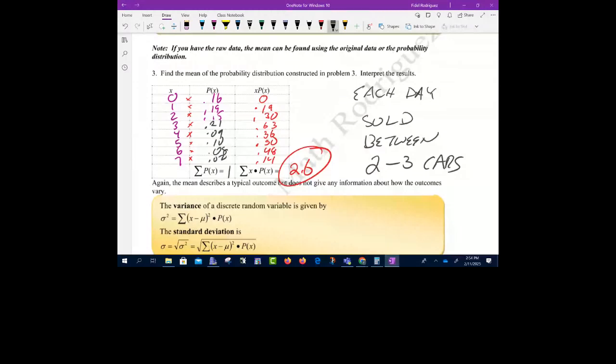Okay. Now, y'all, when we were first talking about variance and standard deviation, I said, look, we could take the difference of each number and subtract it from 2.6. And we go through all that and it gets real, real messy. So I'm going to show you a way we can find both the variance and the standard deviation without having to do all the calculations, because the calculations can get really, really messy.